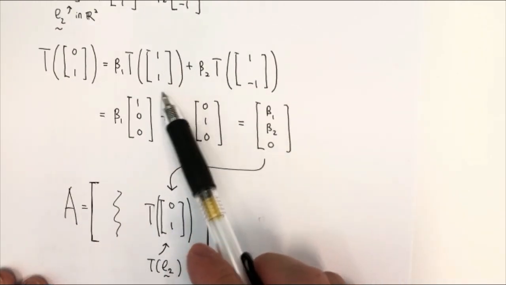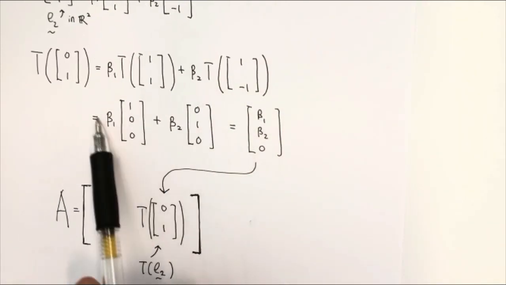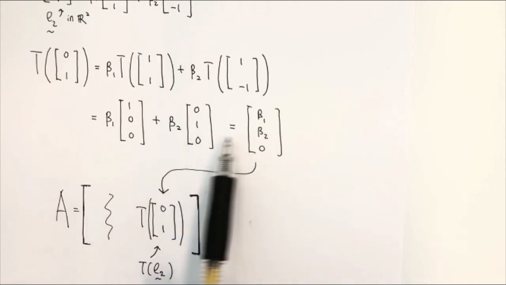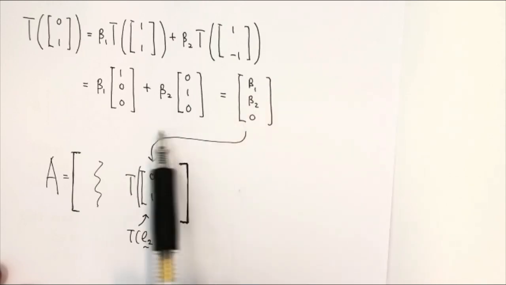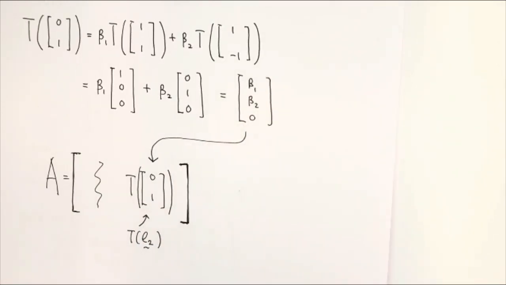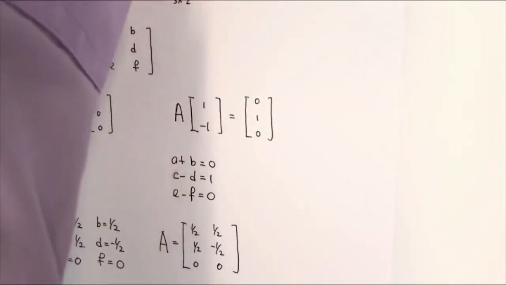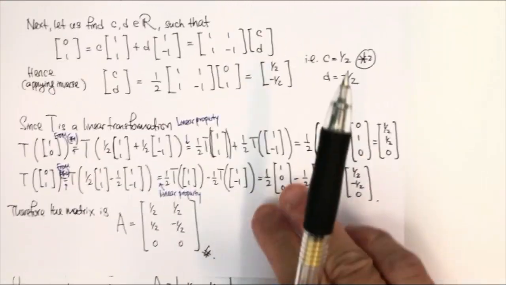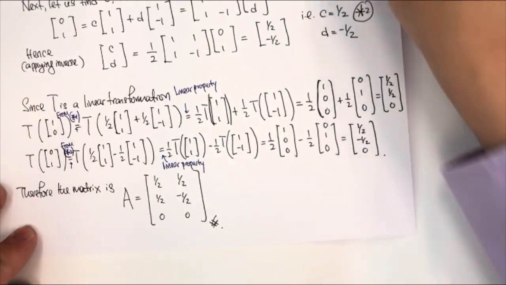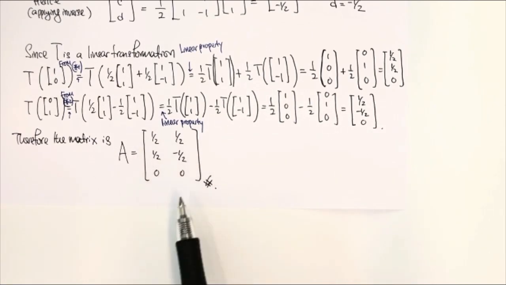We know the images of (1, 1) and (1, -1) under T, so this is nothing but the column vector (beta 1, beta 2, 0). Insert this column vector in your matrix A, and you will have the standard matrix for that linear transformation. If you do the computation this way, you will find that matrix A is of this form.